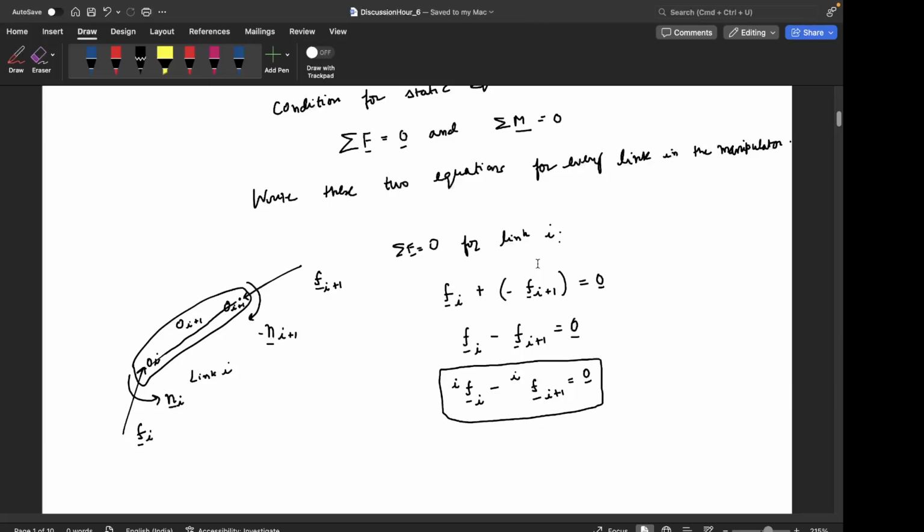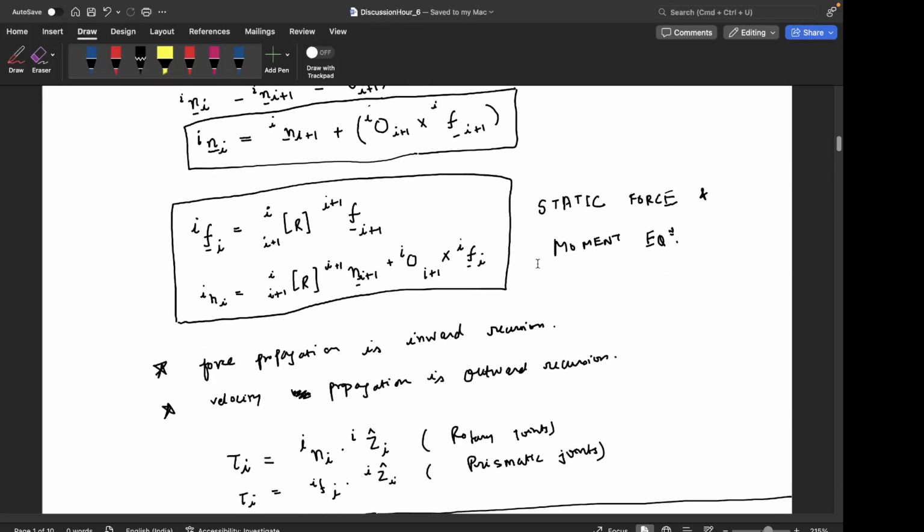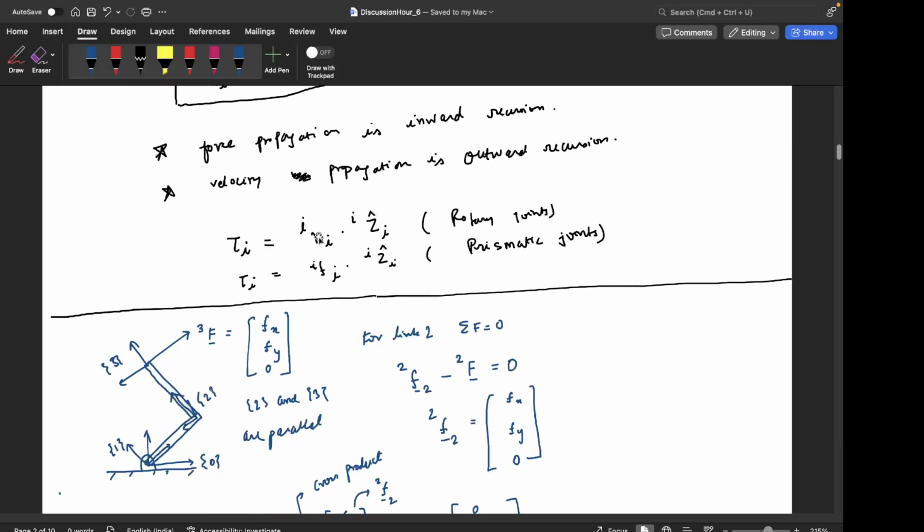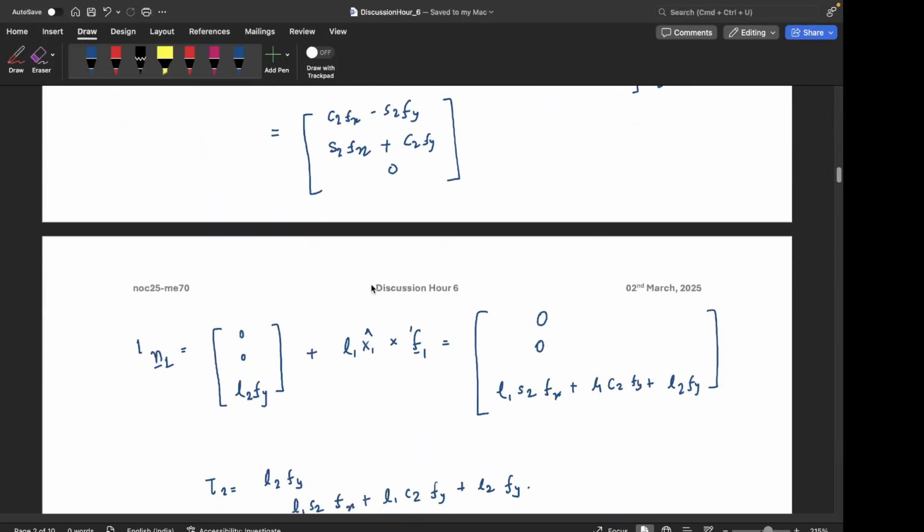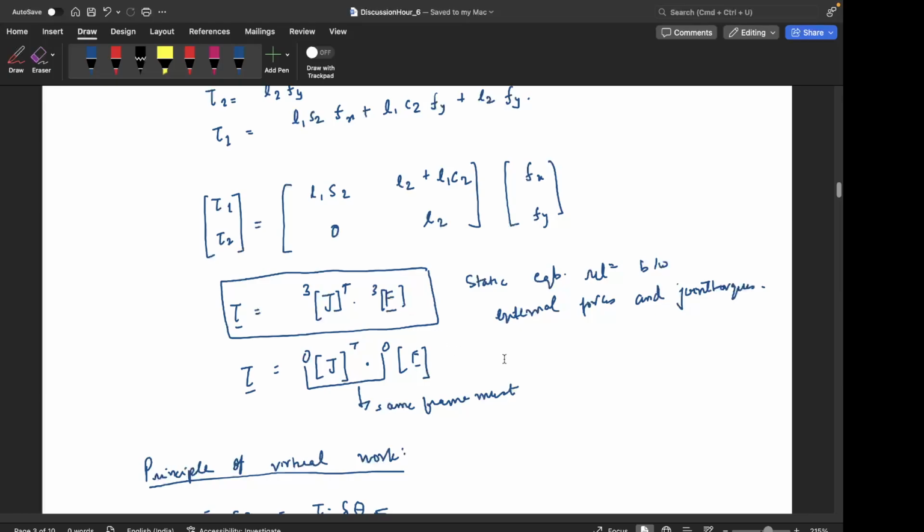And in terms of the forces and moment at the end effector, we finally get the joint torques. So we get the expression of joint torques by taking dot product of the moment at the ith joint with the axis of the ith joint, and we see that the static equilibrium relation between the forces and the joint torques is captured in the Jacobian matrix.